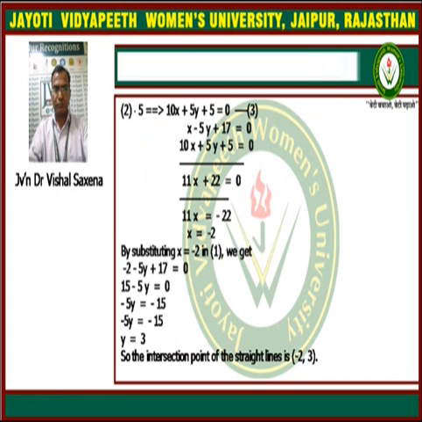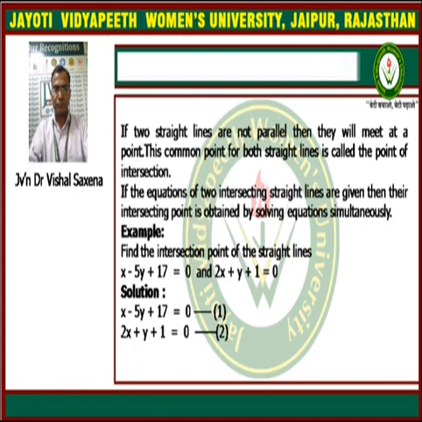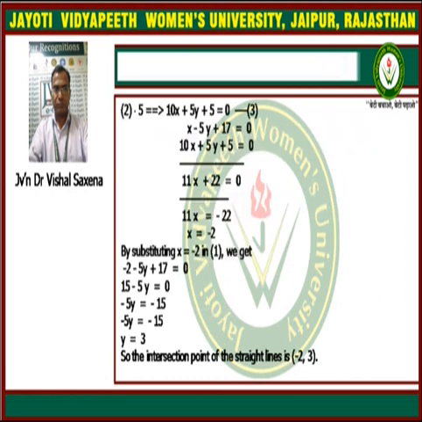Here again we solve these two equations. Equation 2 is multiplied by 5. If we multiply equation 2 by 5, the terms of y in both equations become the same: the first equation has 5y, and the multiplied equation 2 also gives 5y.